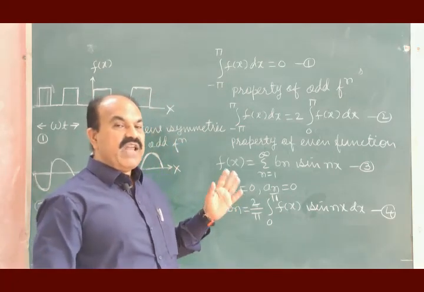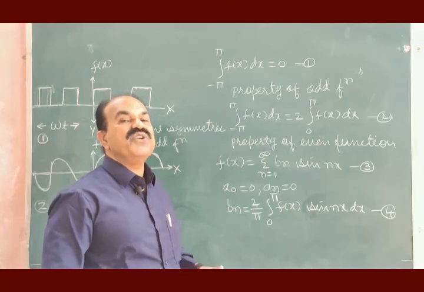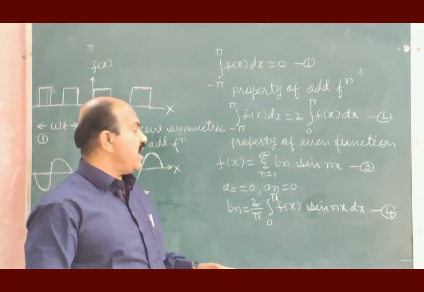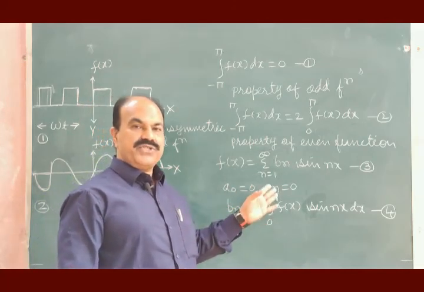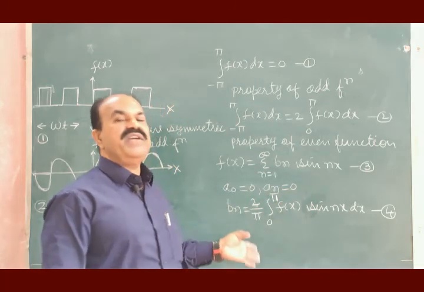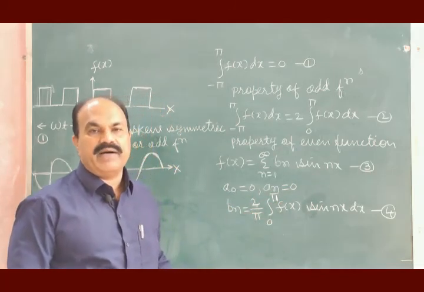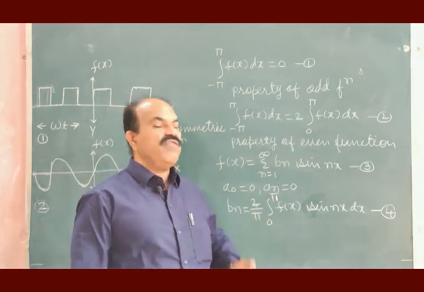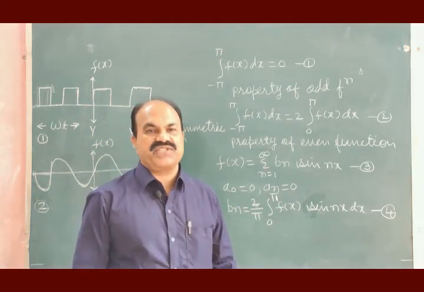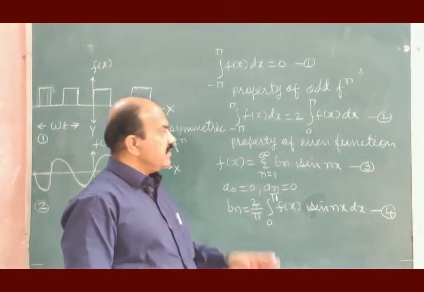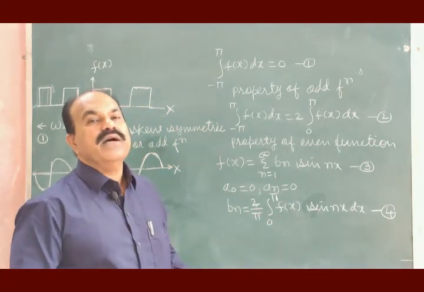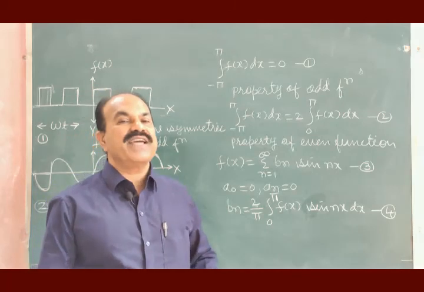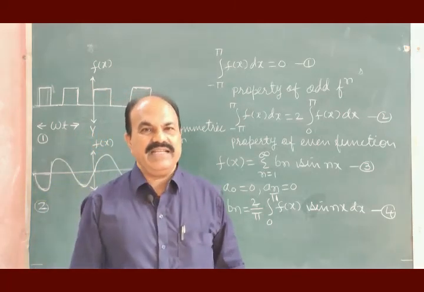And the values of the coefficients of the Fourier series for an odd function are a0 is equal to 0, an is equal to 0, bn is equal to 2 divided by pi times the integration within the limits 0 to pi of f of x sin nx dx. Right? So this is how even and odd functions can be represented graphically.